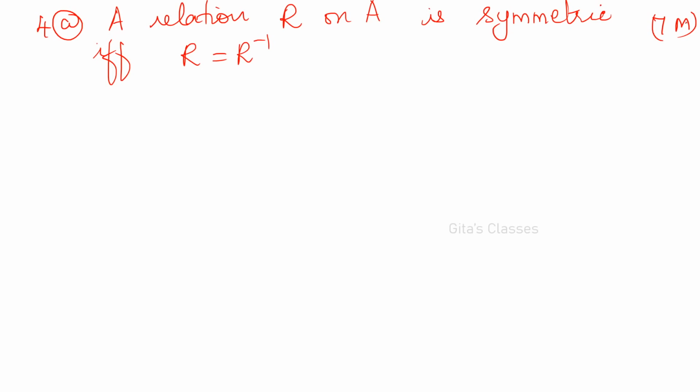Now we have to prove both the sides. First let us assume R is symmetric. Then we'll prove that R is equal to R inverse. Then assume that R is equal to R inverse. Then we'll prove that R is symmetric. Okay, so the only if part and the if part we'll write. So first, the only if part. Let us assume that R is symmetric.